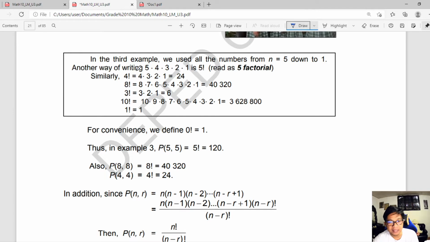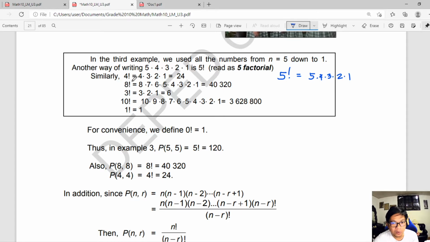Another way of writing 5, 4, 3, 2, 1 is 5 factorial. So, pag makakita kayo ng ganito, ibig sabihin, this is read as 5 factorial. This is equal to 5 times 4 times 3 times 2 times 1.